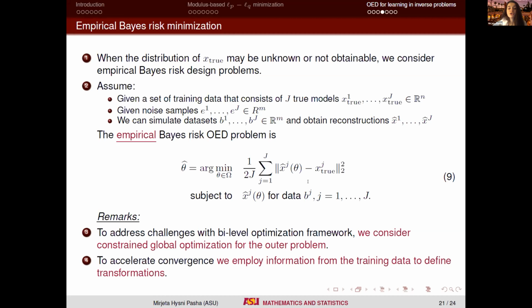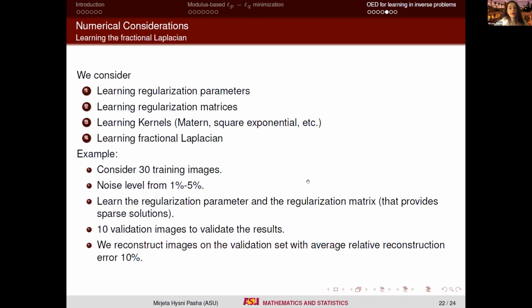So to accelerate the convergence, we use the information from the training data to define different transformations. For example, we use the sample mean, or the weights that we can obtain from our training data. We consider this a very generalized approach because we can learn regularization parameters, regularization matrices, and different types of kernels, such as Matérn kernels and squared exponential kernels.